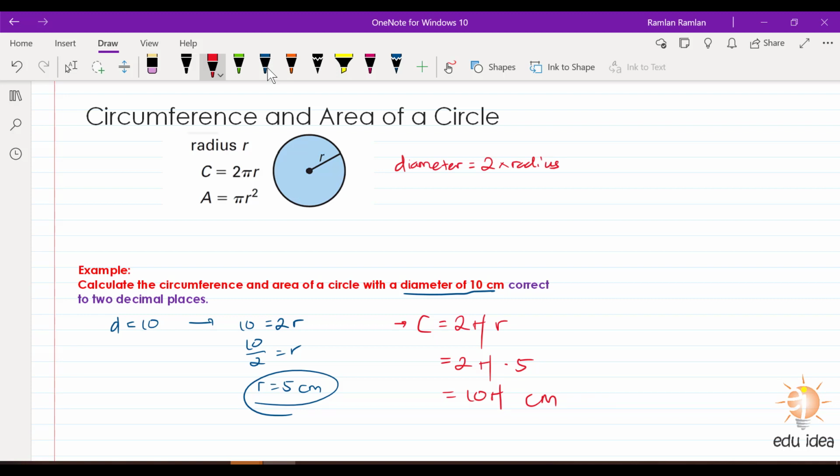If it doesn't say anything about correct to 2 decimal places, then let it be like this, because this is the exact value of the circumference. But if the question gives an instruction, for example, correct to 2 decimal places, then you need to use the calculator. So let's jump to the calculator.